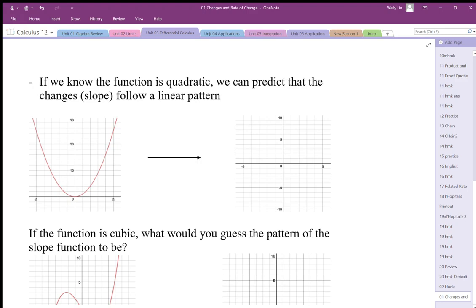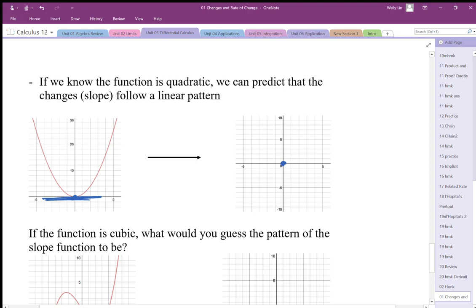If we take a look at this, we can graph this and take some references. I'm just going to say that this point here, I can clearly see that's a horizontal tangent line. So that has a slope value of 0.